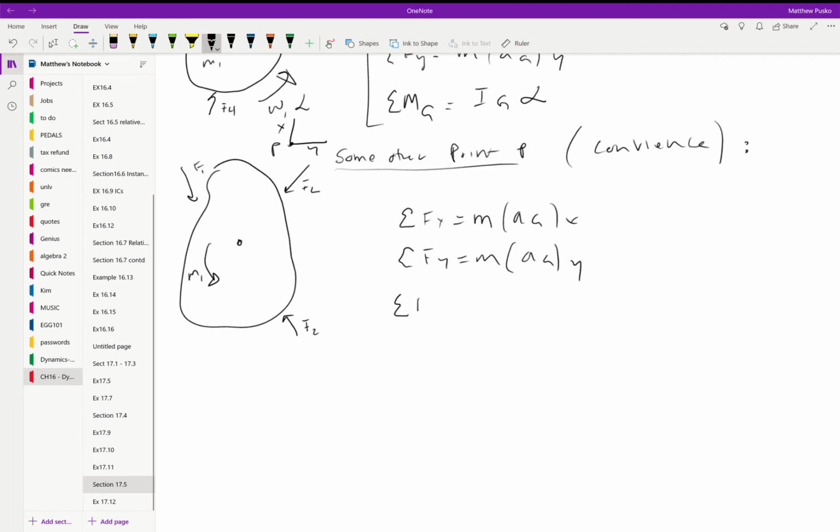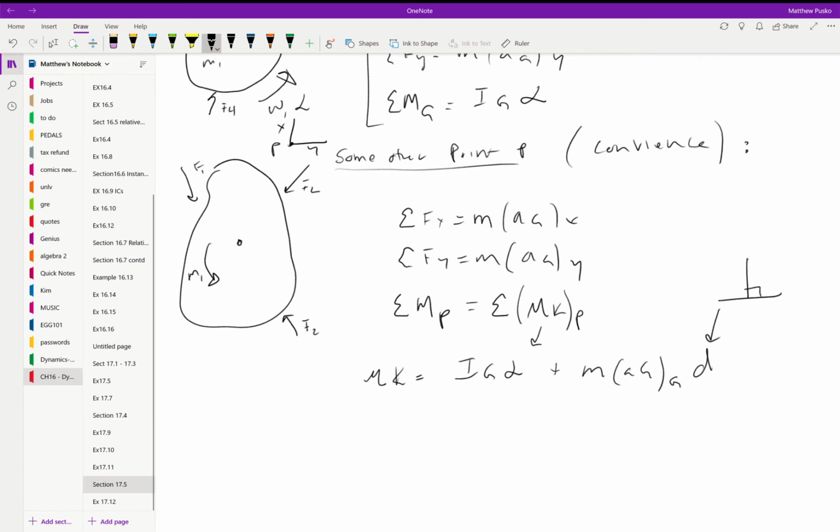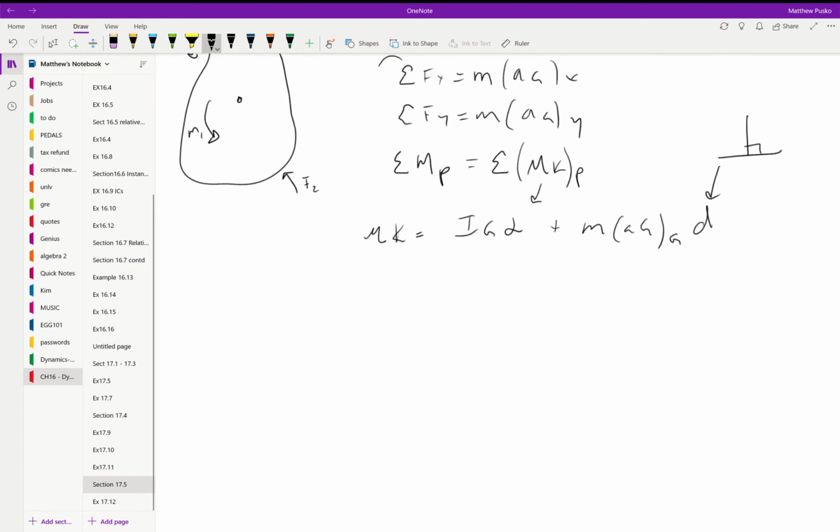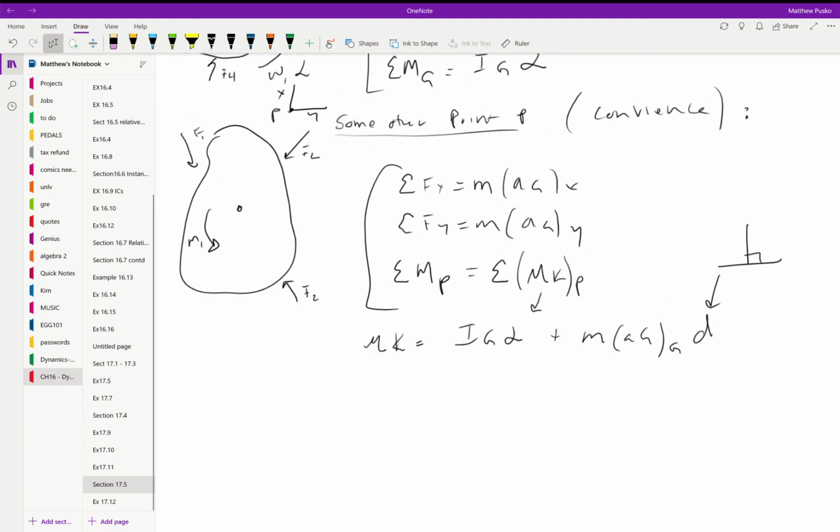We can also get one more by summing the moments about this point P and saying that's equal to the summation of the kinetic moment about P. If you do this, then you have to do IG about alpha. This kinetic moment is IG alpha plus whatever acceleration G has times the perpendicular distance about P. Alright, so that's three equations, using some other point P.